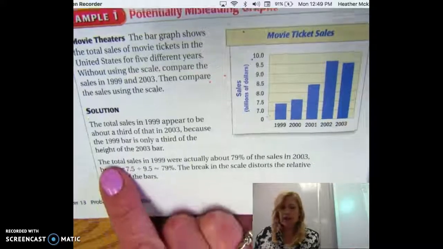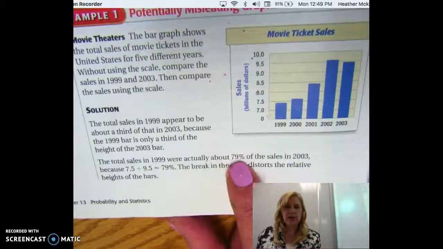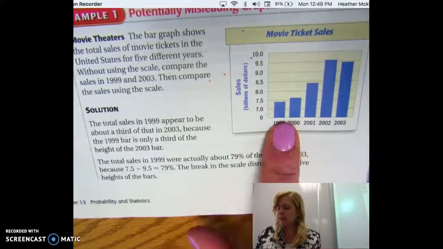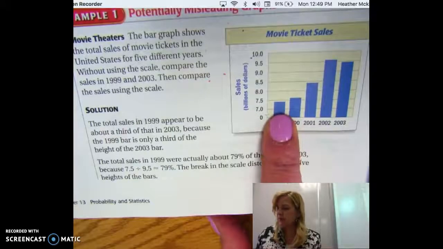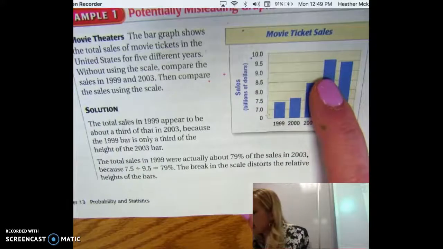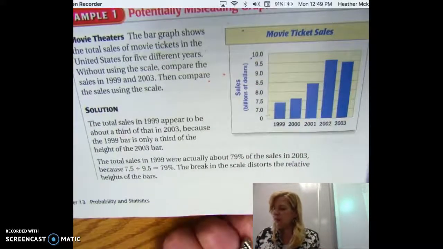And if we read even down here, the total sales in 1999 were 70% of the sales in 2003. Oh, I'm sorry, these are sales in millions of dollars. So $7.5 million almost to $9.5 million. Sorry, I read that incorrectly, but it still stands.